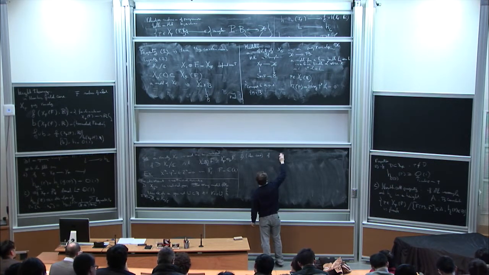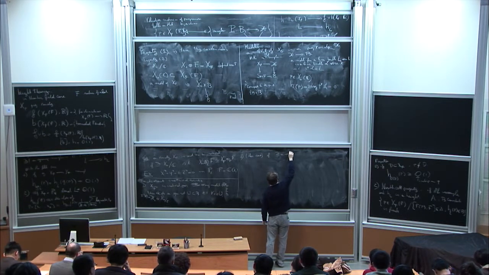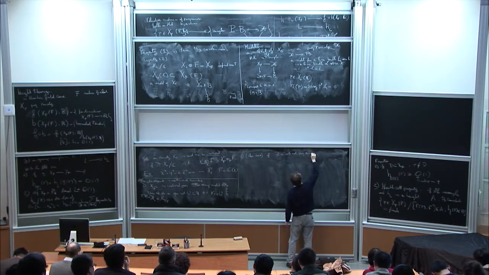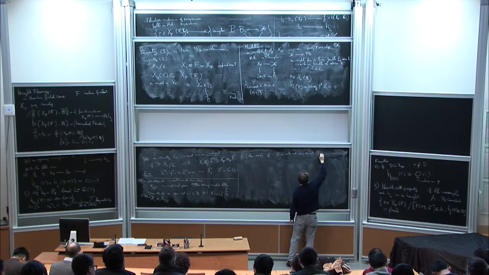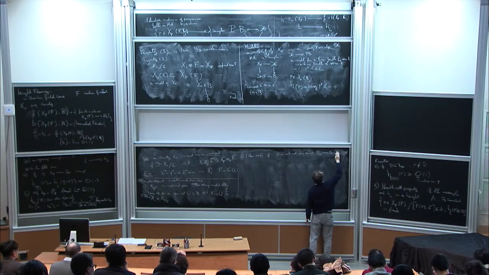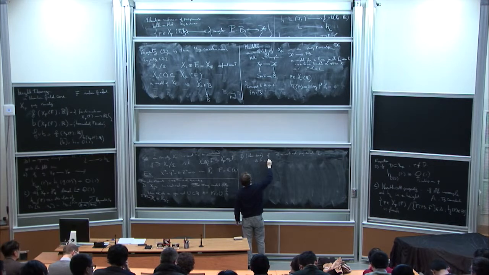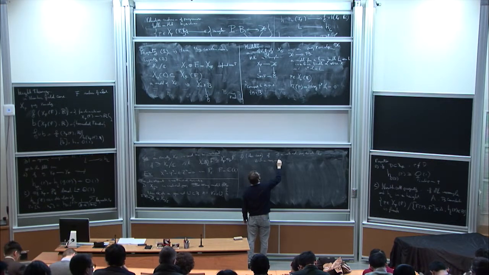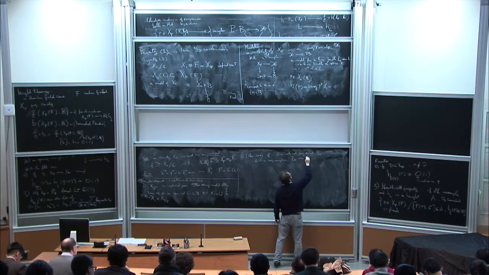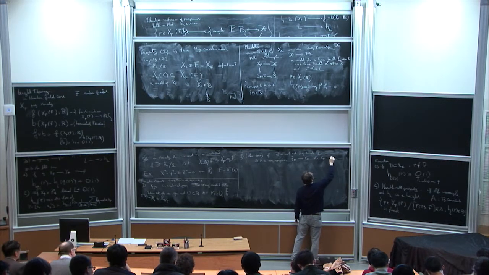If there exists an isotrivial projective variety ZF which dominates XF, with a surjective morphism ZF over XF, then XF is isotrivial.